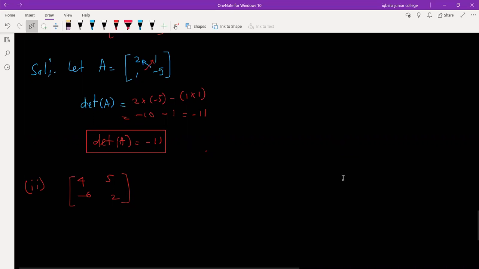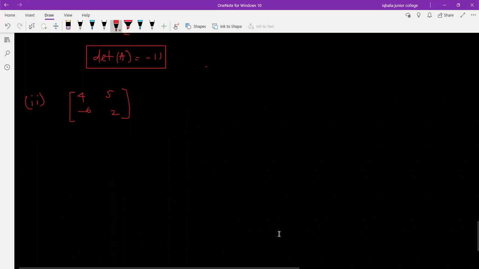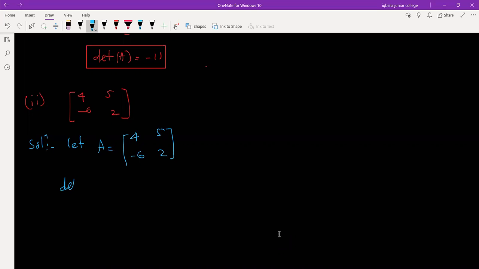Solution. Let A be equal to 4, 5, minus 6, 2. The correct answer is 38. So let's see how 38 is coming. For finding the determinant in the case of a 2 by 2 matrix, we just multiply in a cross way.